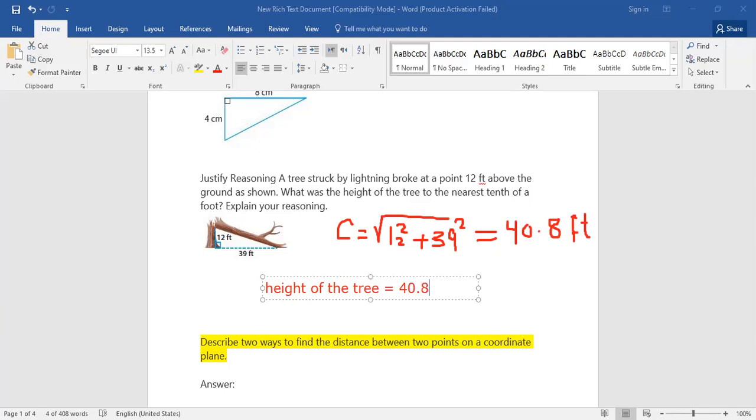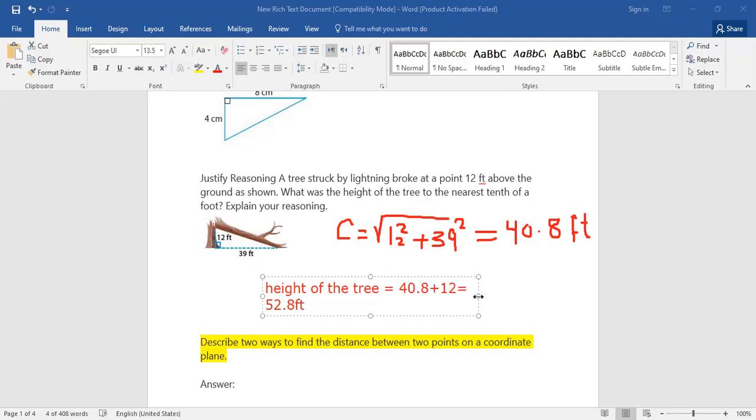Yes, 40.8 plus 12. So in this case, we will find the height of this tree. It will be 40.8 plus 12, which is 52.8 feet.